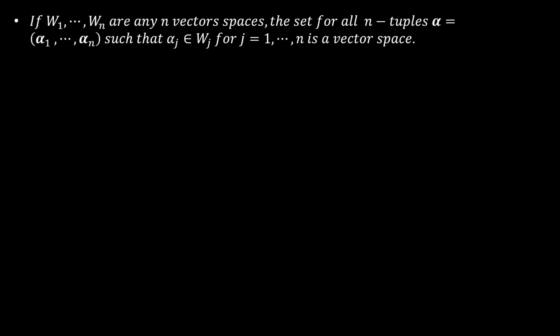So let's look at a group of vector spaces W1, W2, up to Wn, which is a set of all n-tuples alpha, consisting of alpha 1, alpha 2, alpha 3, up to alpha n, such that alpha j, j being an index, is an element or a member of Wj, for j equals 1 all the way up to n.